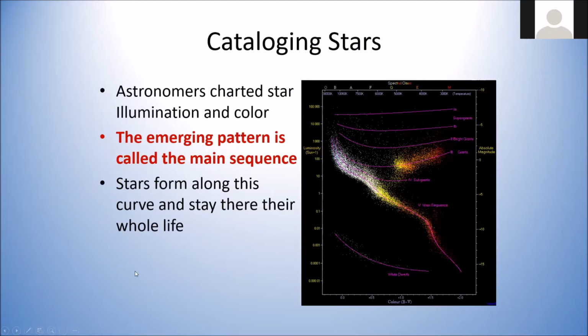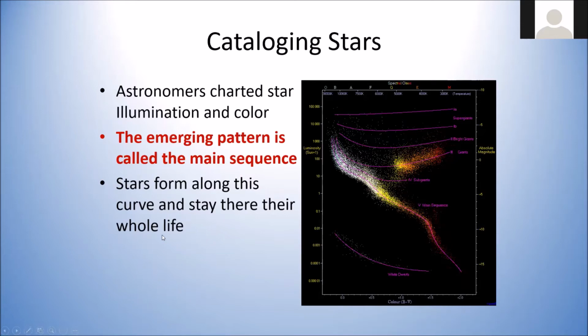I'm sure many of you have seen stars that have a little bluish tint to them or a little reddish tint. So those are the colors that they're looking at. And they calculate the luminosity for each of these stars and plot them on a graph, as you see on the right. And the emerging pattern is called the main sequence.